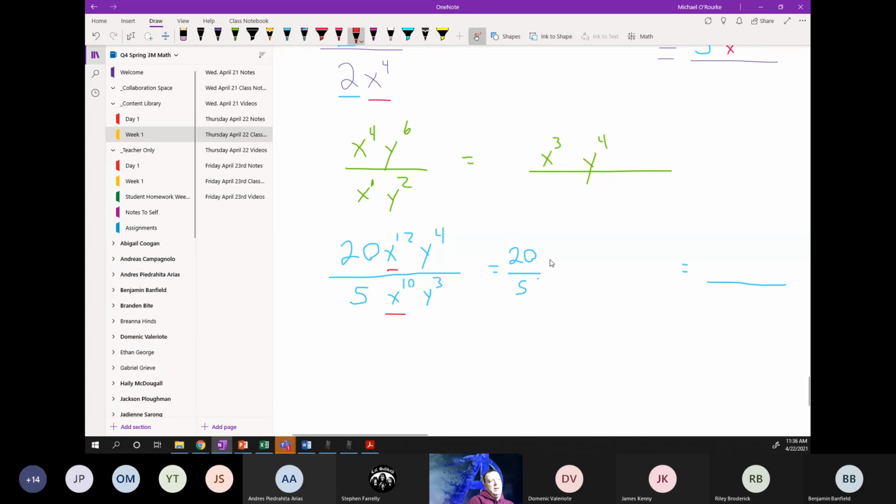And then our x's are going to be x to the 12 minus 10. And the y is going to be 4 minus 3. So we're left with y. We're left with x squared. And we're going to have 4. Yeah, no problem, Riley. I saw it.